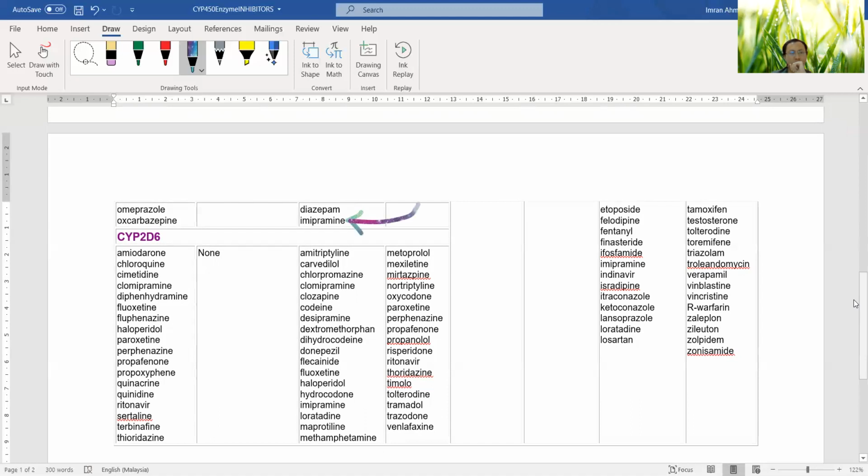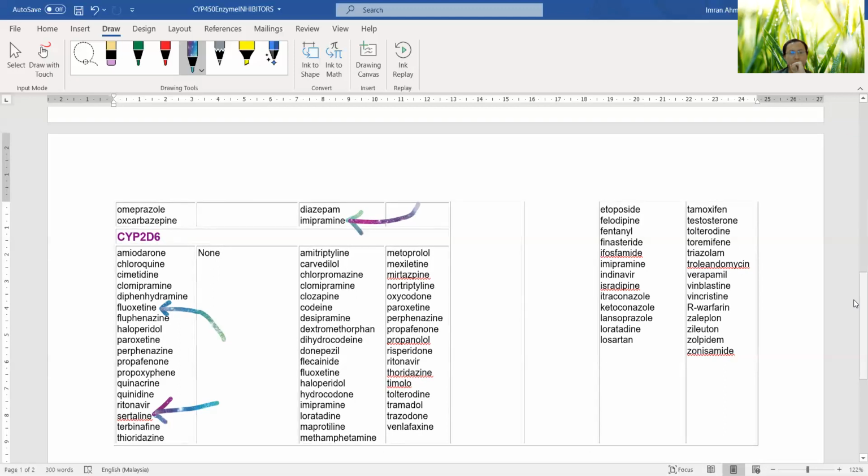Let's look at the CYP2D6. We have fluoxetine, the famous brand name being Prozac. And sertraline.